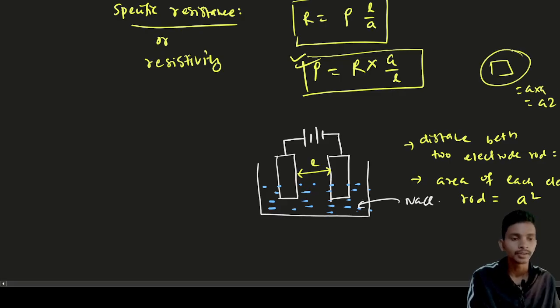So let's say we assume this is a square of 1 unit. We take 1 unit as A, each side is A, so the area is A square.